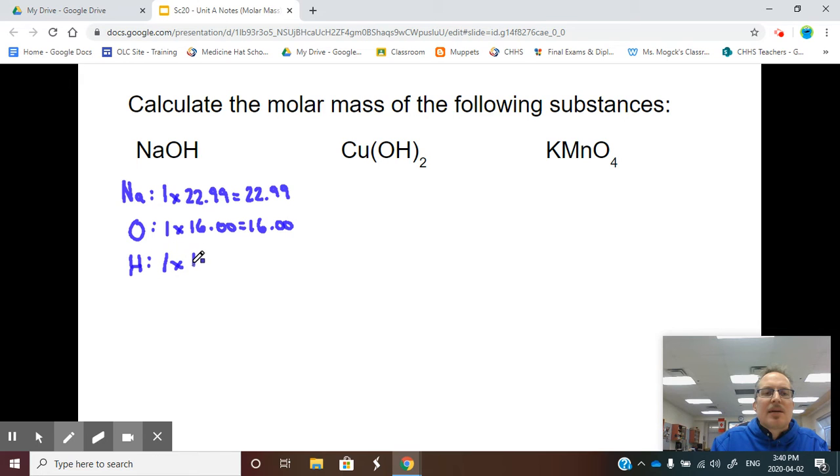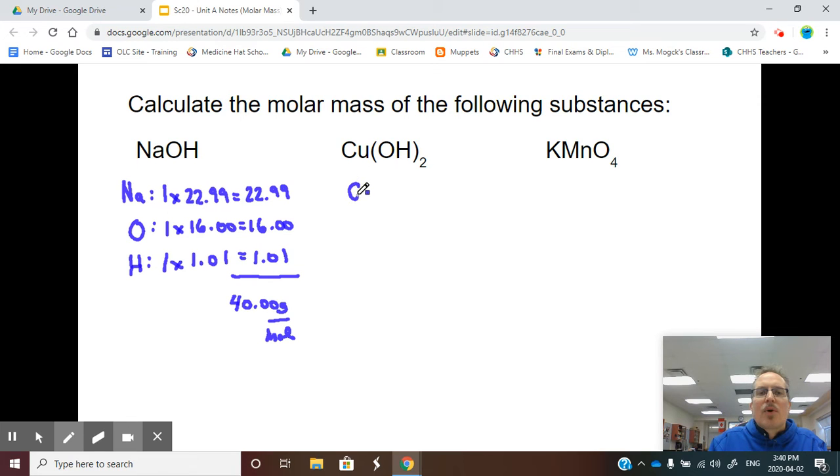And 1 times 1.01 is 1.01. So we started with an easy one. When I add these 3 numbers up, it's going to add to 40 grams per mole. Let's do the second one.